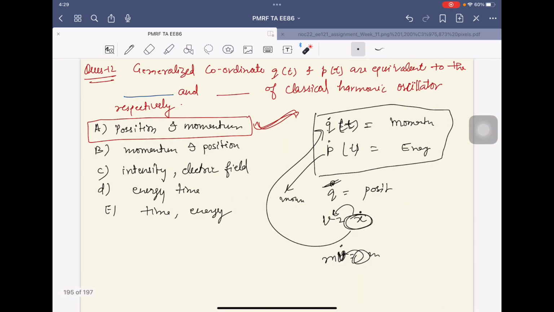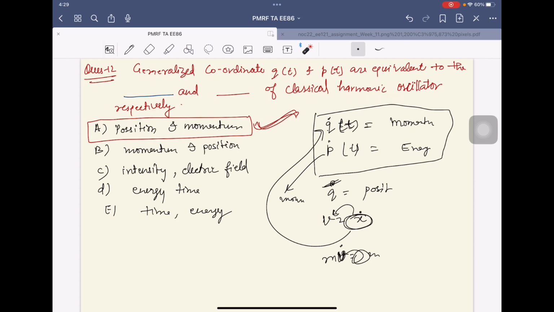So the next question is: the generalized coordinates Q(t) and P(t) are equivalent to the and of a classical harmonic oscillator respectively.